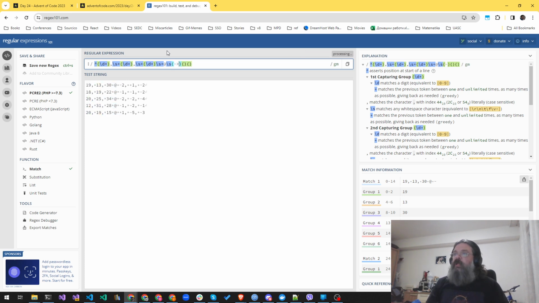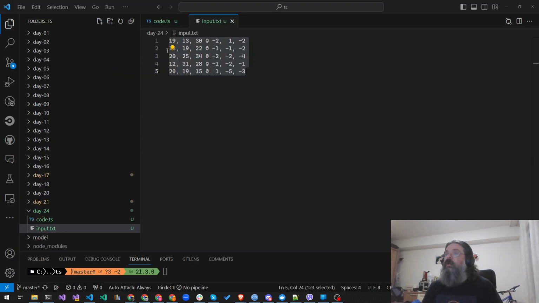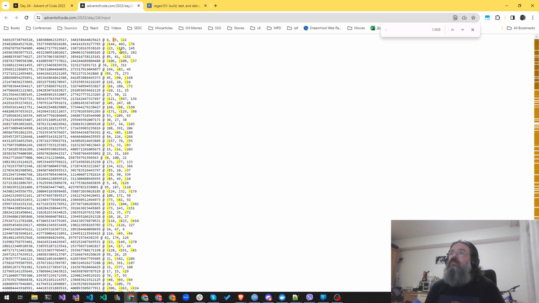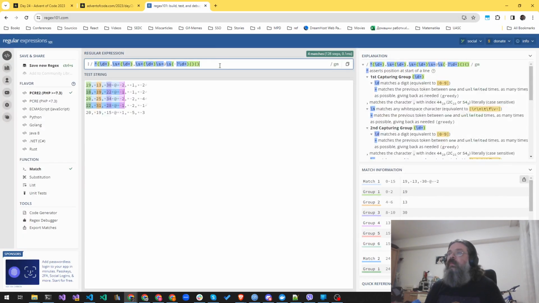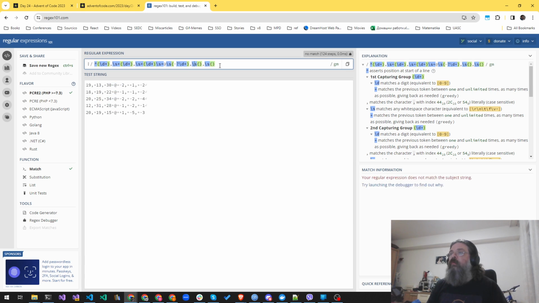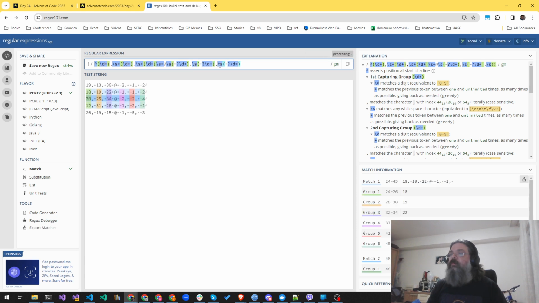This is maybe a minus sign, and then we have some digit. It can be more than one. From what I've seen, it's up to 3, but okay, good enough. And then we have some spaces that we don't care about, and a comma, and then we have spaces and a comma here that we don't care about, and we have this thing 2 more times, and then we have an end.